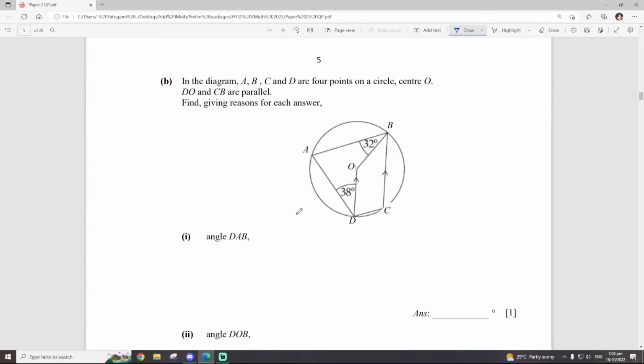Okay, we have a diagram. A, B, C, D are 4 points on the circle, so circle properties. DO and CB are parallel. Find angle DAB.